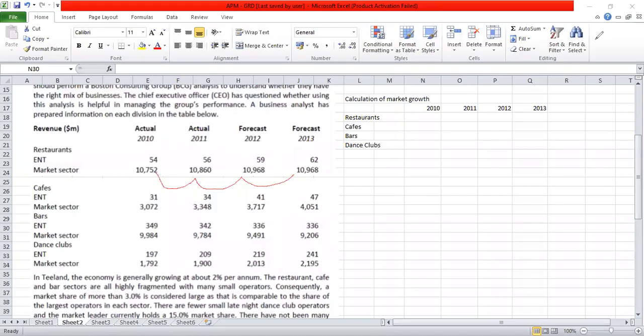You can check how we are doing the calculation in the formula bar. If 10,752 is 100%, then the difference is the growth that happens in 2011. We cannot write anything in 2010 since we do not have data for 2009. So for the first year, it will be just blank.